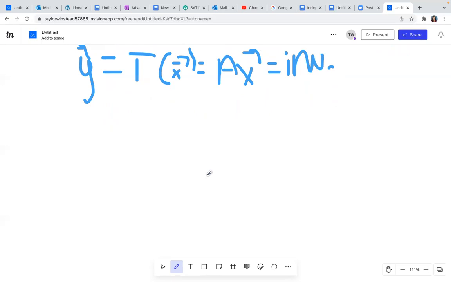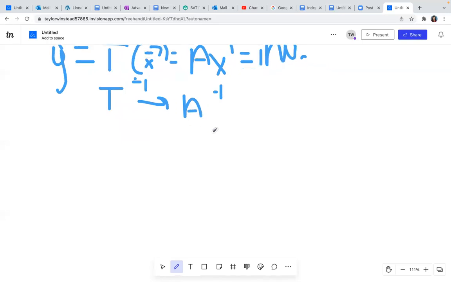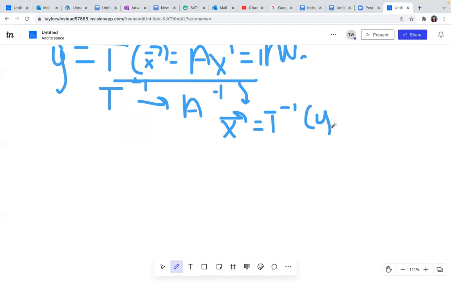So in this case, the inverse of T is denoted by inverse A. If this is invertible, then we can say that the inverse is x equals T of -1 of y.